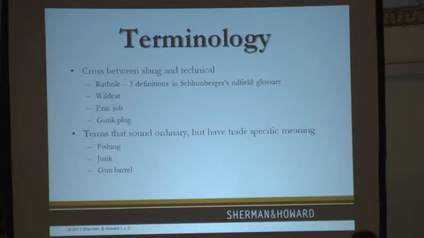And then other terms, you don't even realize that they're oil and gas specific. Fishing involves sticking something down the well to try to get something else that's got caught down there out. A lot of us heard junk when the BP Deepwater Horizon well blew out. They were throwing stuff down there to try to plug it.